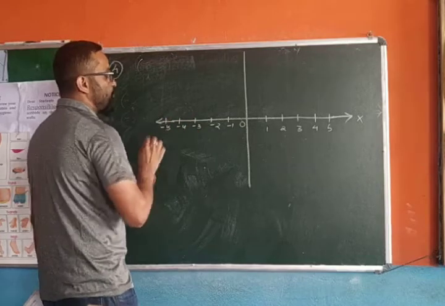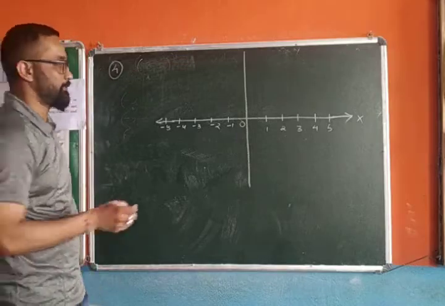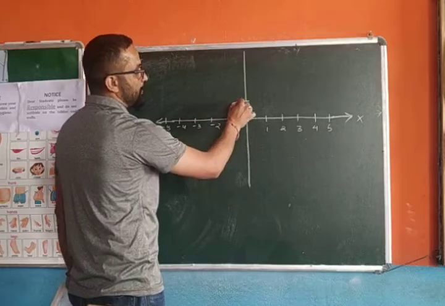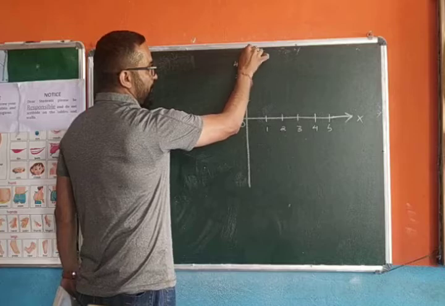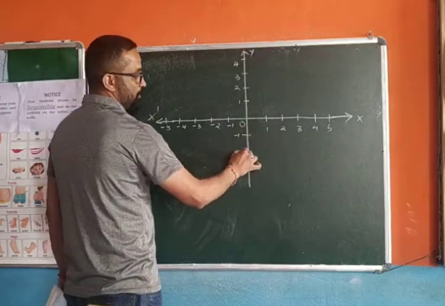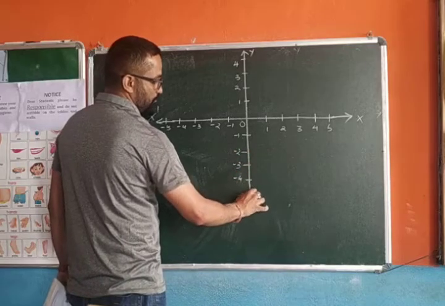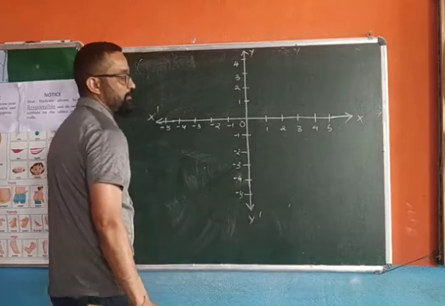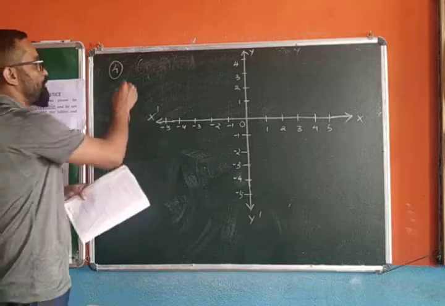You have to use the same scale all around the axis, 1 centimeter. Keep the ruler vertically, 1 centimeter. It is y: -1, -2, -3, -4, -5, y dash.